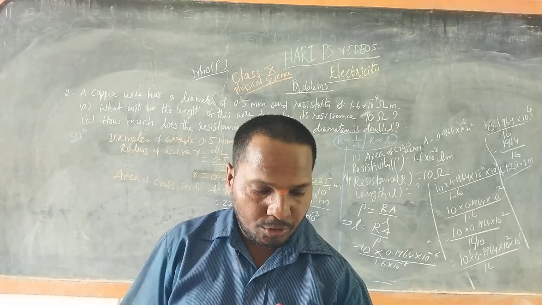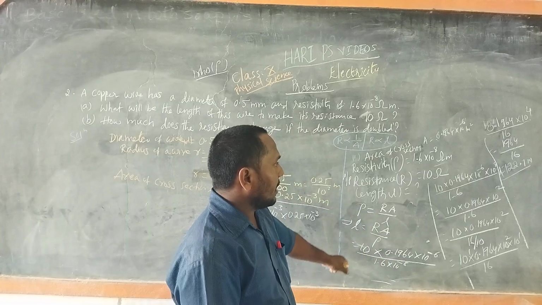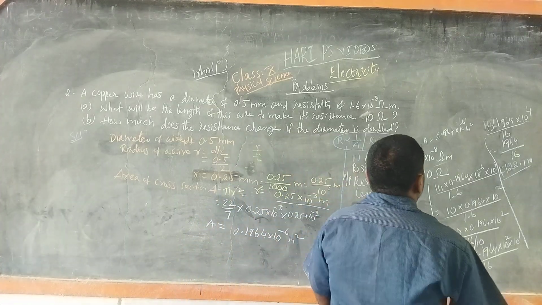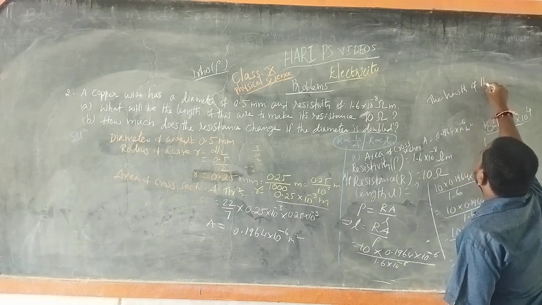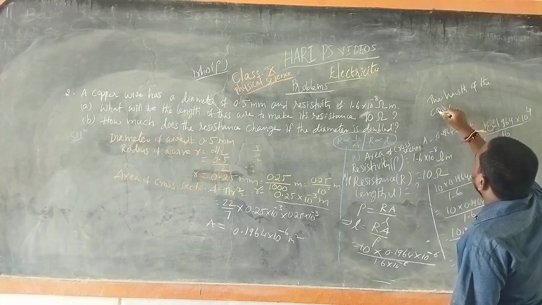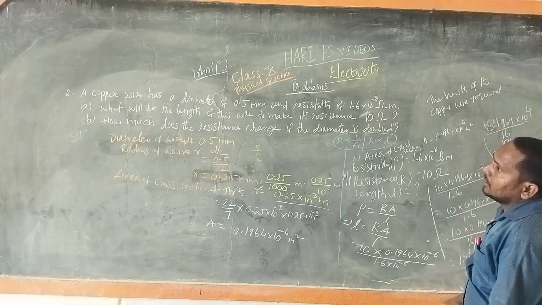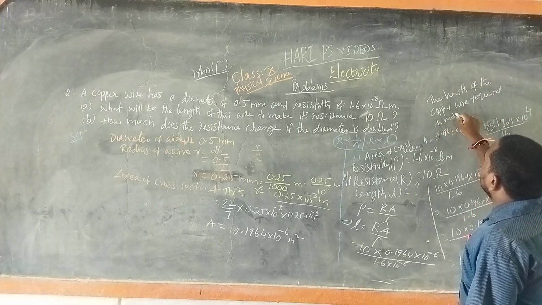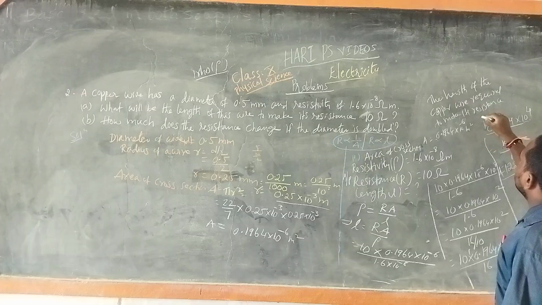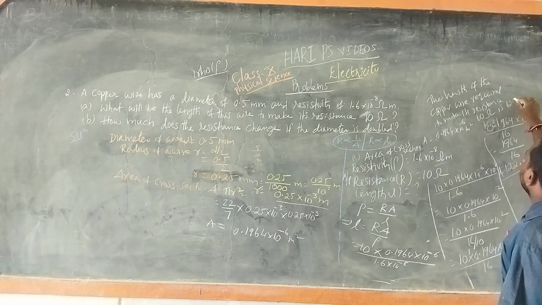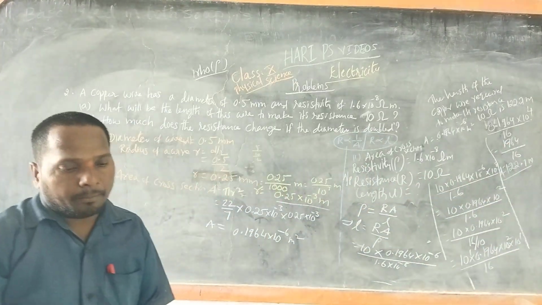122.7 meters. So the length of the copper wire required to make its resistance 10 ohms is 122.7 meters.